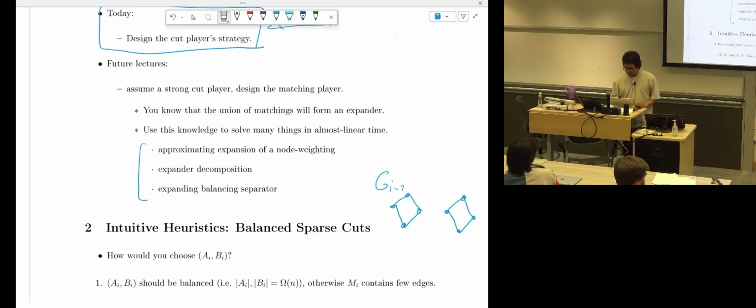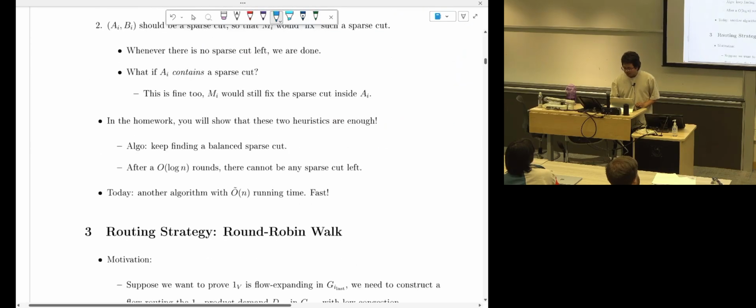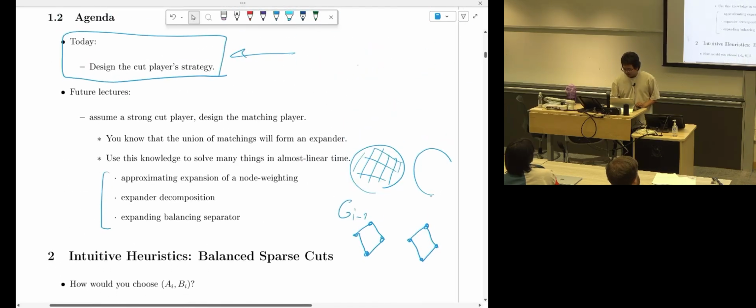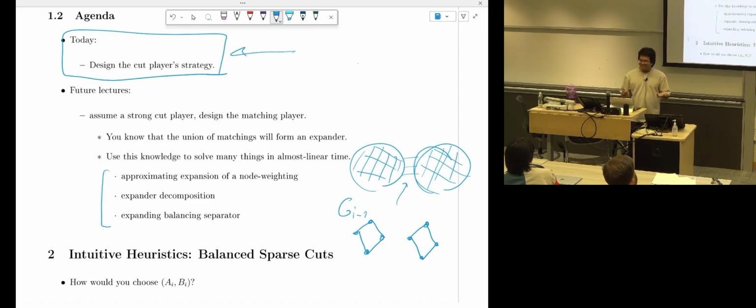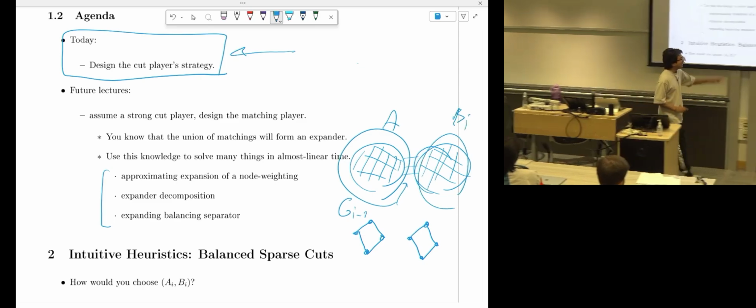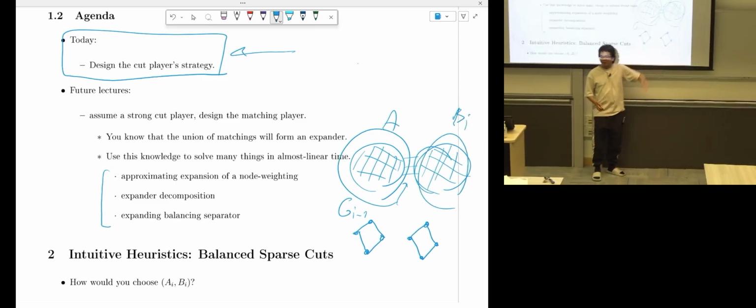Okay. What about if the graph looks like this: this is already an expander here, and this is another expander here, well connected, but there is a sparse cut here? What would you do? Still choose A to be one side here, B to be on the other side, because there is just this sparse cut, and we don't want a sparse cut.